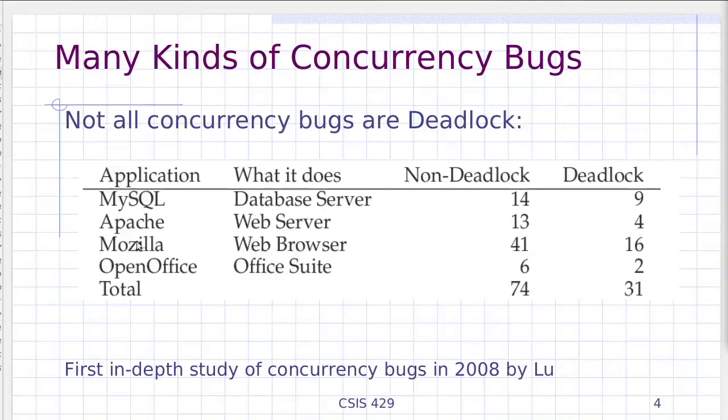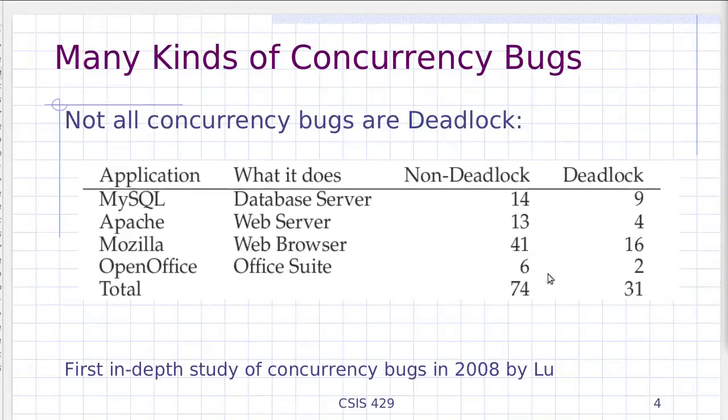And then OpenOffice, or we tend to use the next version of this called LibreOffice, which you might be familiar with. That came from OpenOffice, and that was an office suite, sort of like Word, Excel, the free version of that.